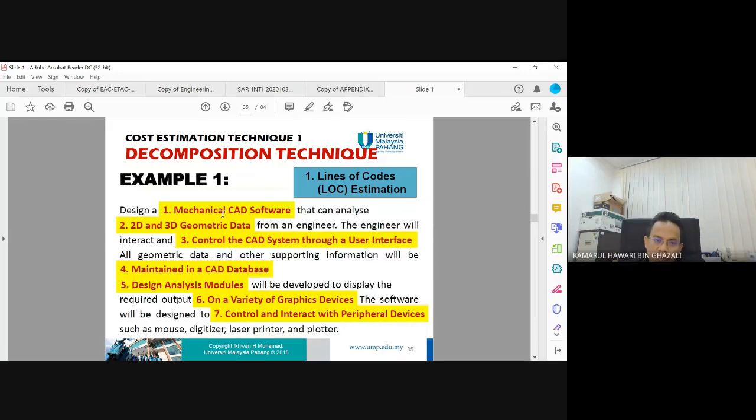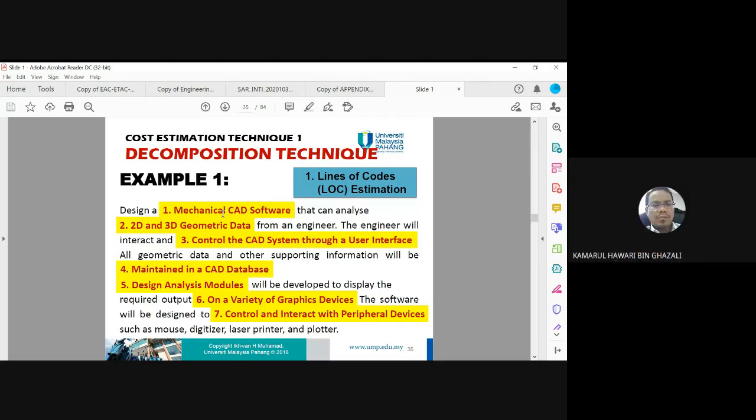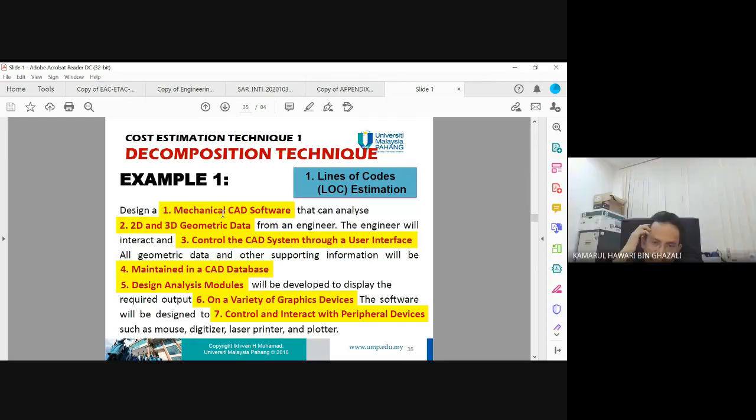Lines of code. Example: design a mechanical CAD software that can analyze 2D and 3D geometric data from an engineer. The engineer will interact and control the CAD system through a user interface. All geometric data and other supporting information will be maintained in a CAD database.